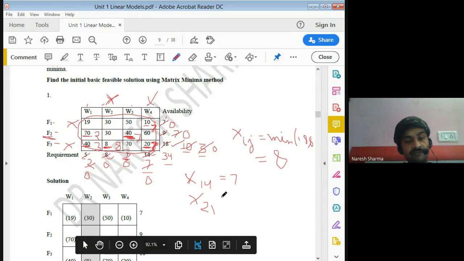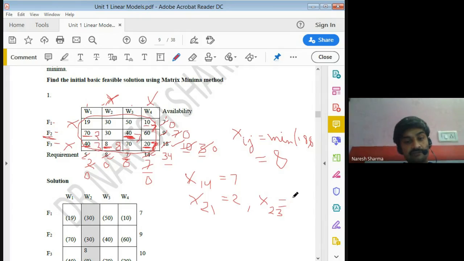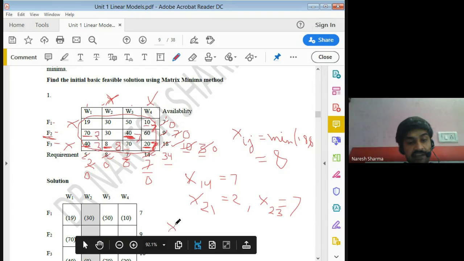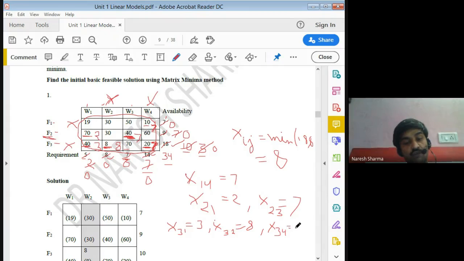X21 as 2 units, and X23 as 7 units, and X31 as 3 units, X32 as 8 units, also X34 as 7. This we noted from the table only, right?